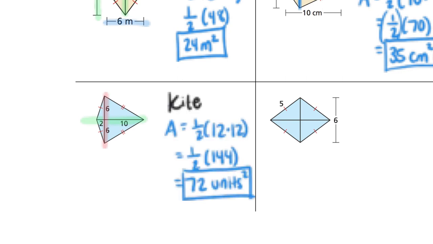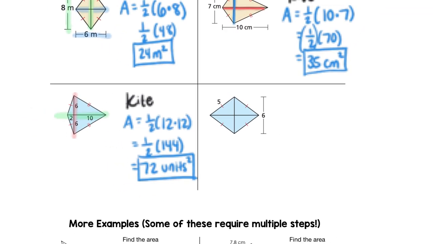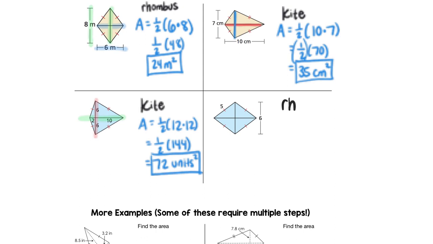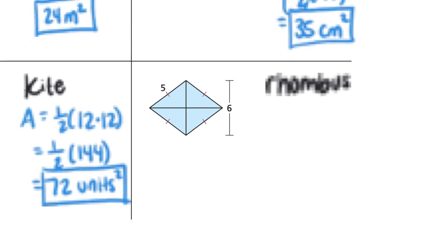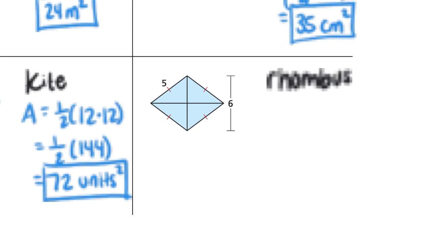Okay, this next one's a little bit different. Looks like it's a rhombus. It has 4 congruent sides. But on this particular one, they don't tell us both of the diagonals. They do give us enough information to find both of them, though. So we know that this one is 6. And then on this triangle, if we look at one of these triangles, which we know the diagonals are perpendicular, we know this would be 3 because it'd be half of 6, and then the hypotenuse is 5.